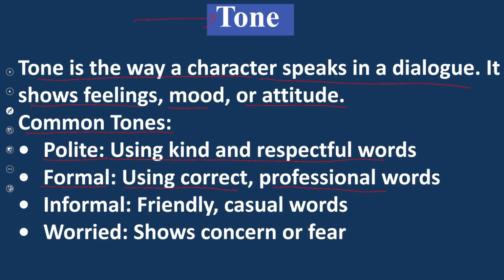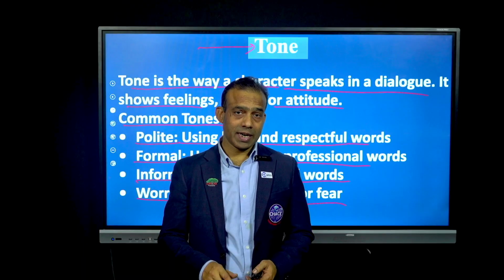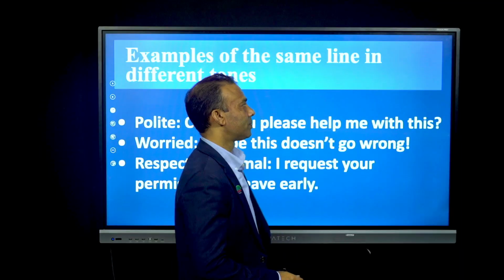Informal, friendly, casual words; this type of tone will be called informal. Worried, shows concern or fear. So dear students, we have discussed tone and types of tones as well. Move to the next slide.